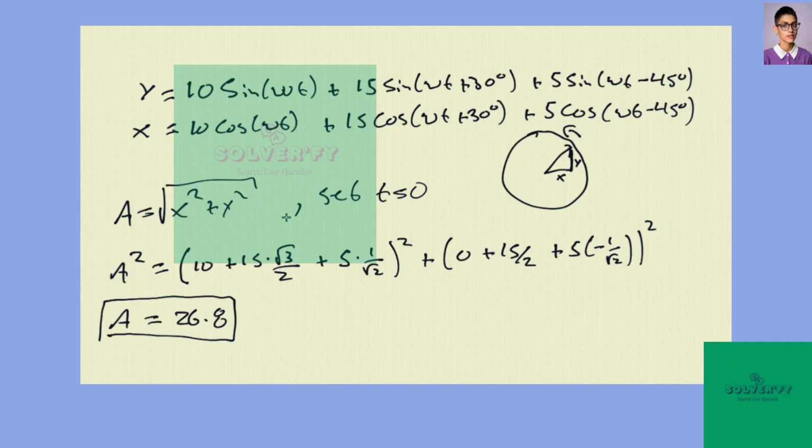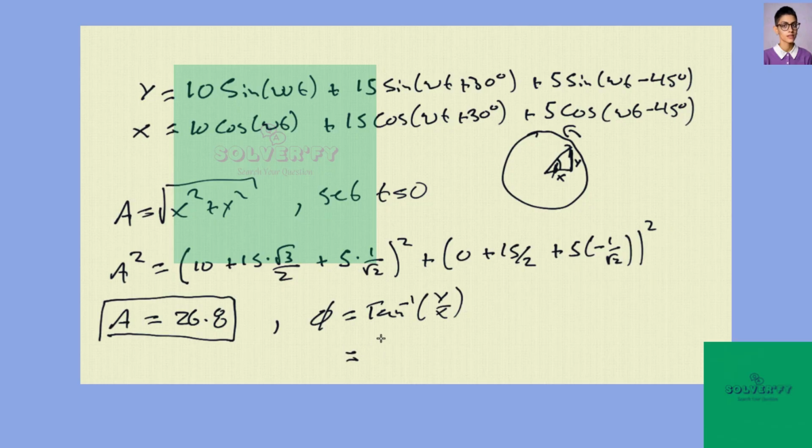Now we have to find the phase. The phase is just this angle here, so that's tan inverse of y over x. And again, that doesn't change. This is not the omega t part of the phase. This is the constant offset. So that's not going to change, so we can just plug in t equals 0 again.